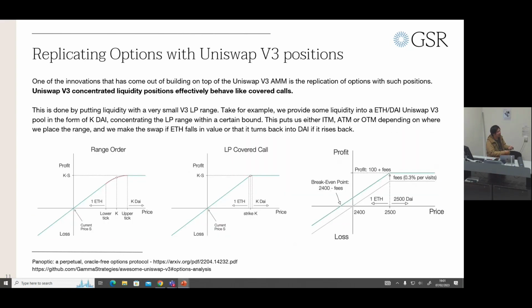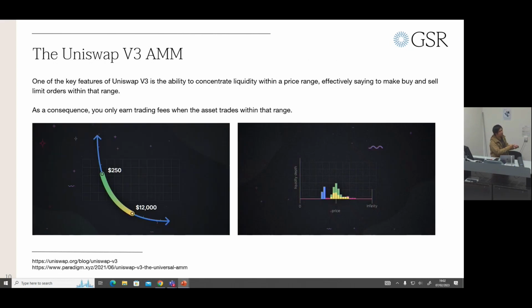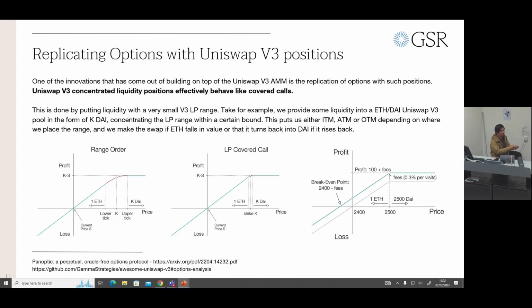When it comes to thinking about being a market maker, or essentially trading the Uniswap V3 AMM, one of the cool things about the fact that you can concentrate your liquidity is that it replicates some of the instruments that we see in traditional finance.